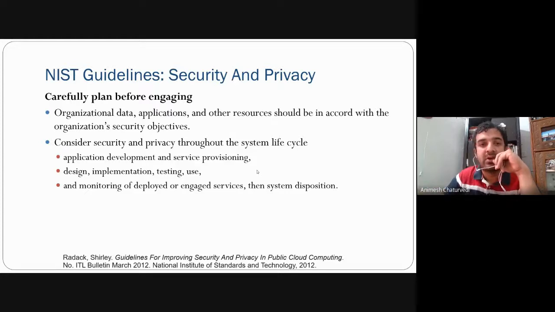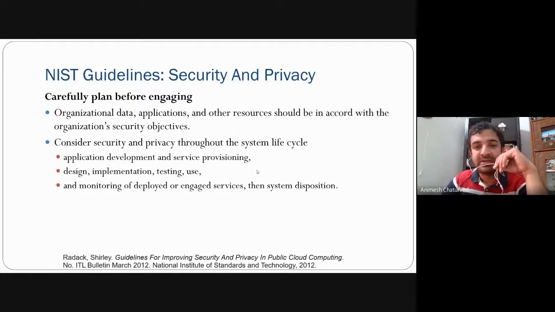So the organizational data and applications should be according to the organizational security. Whatever your organization is, organizational security should be the first objective from the starting point.